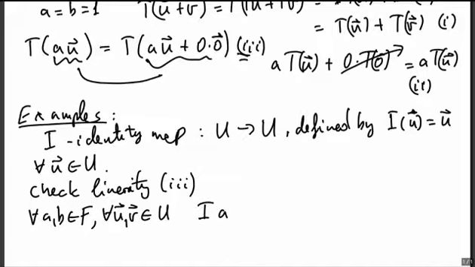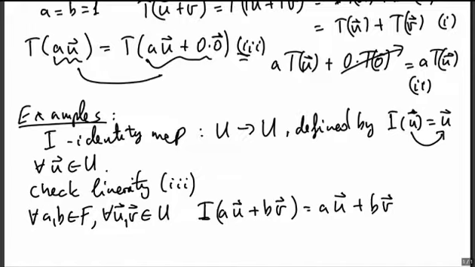Now the transformation is this I transformation, the identity map. What is the image under this transformation of au plus bv? So the definition is that you just leave whatever the argument was, it doesn't change. So that means this is a times u plus b times v.